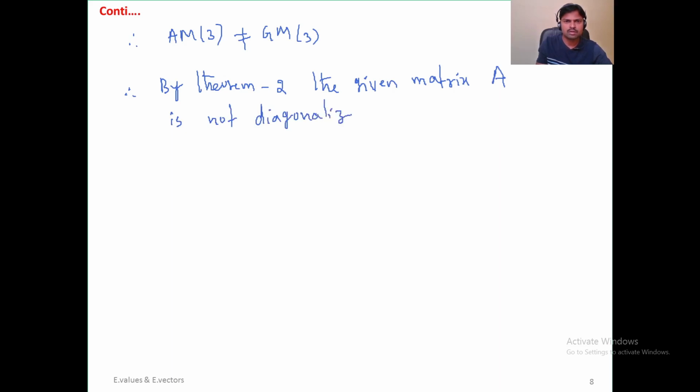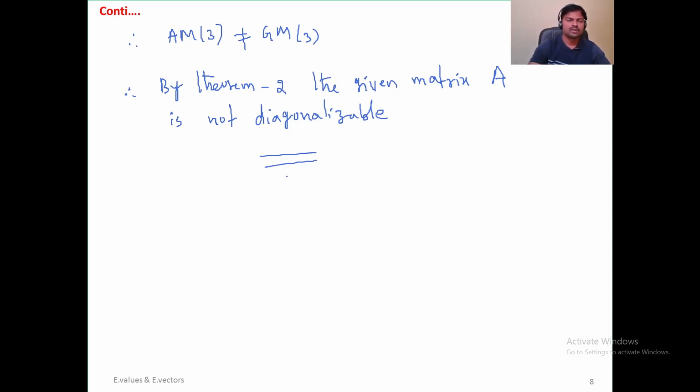So this is the final conclusion. If it is diagonalizable, we can write its diagonal matrix: all the eigenvalues should sit on the principal diagonal.